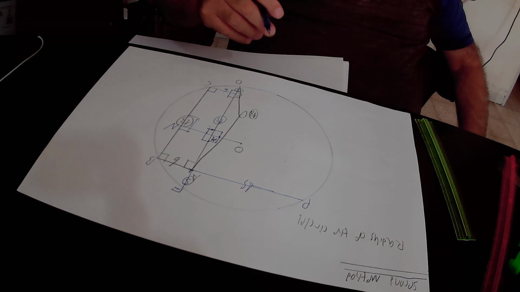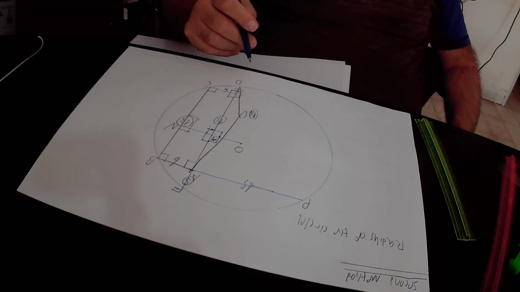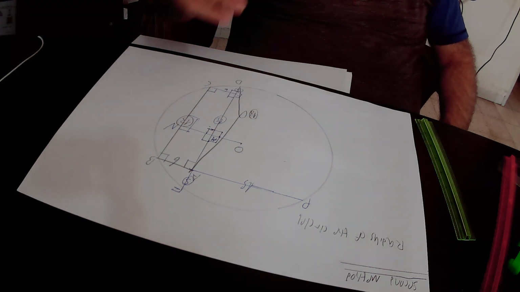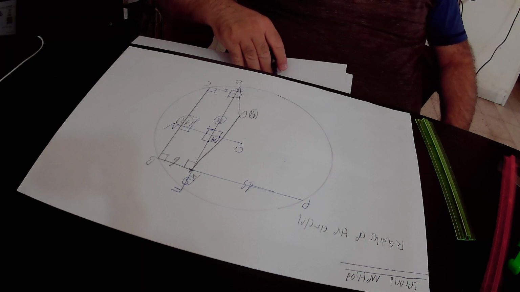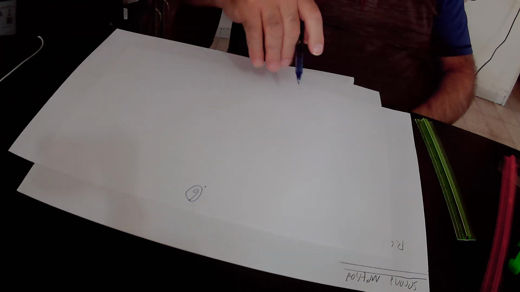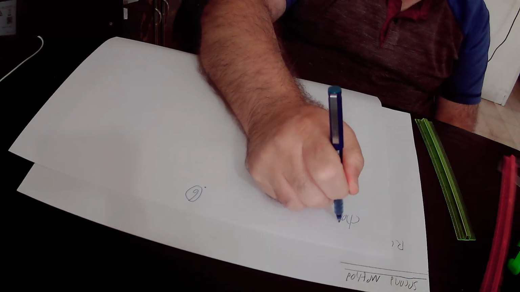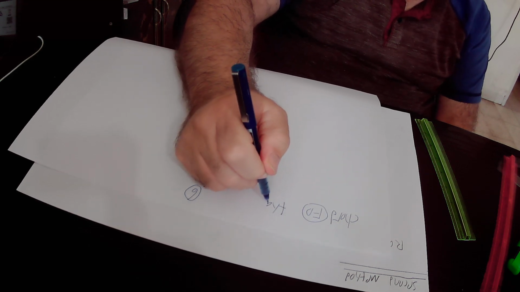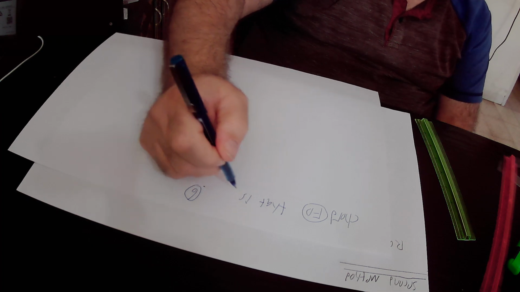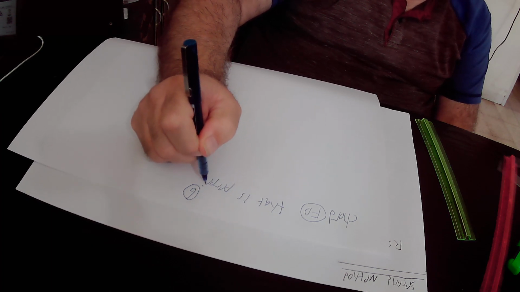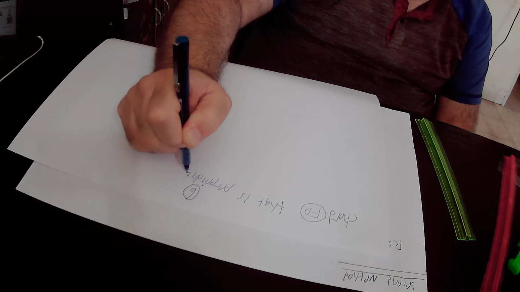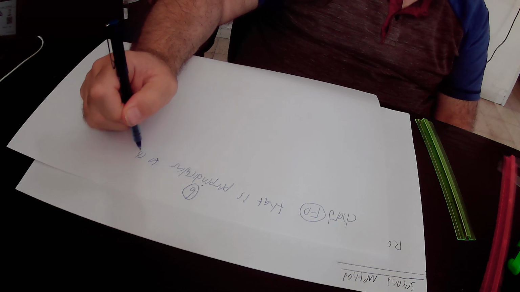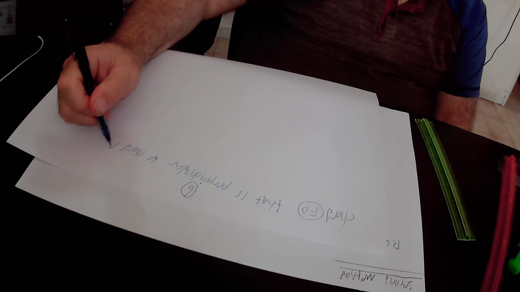Why? Because in our drawing we have two chords that are perpendicular to each other. That is to say, chord FD is perpendicular to chord PB. For that reason, we can use rule number 4. So I write it down. We have chord FD that is perpendicular to chord PB.